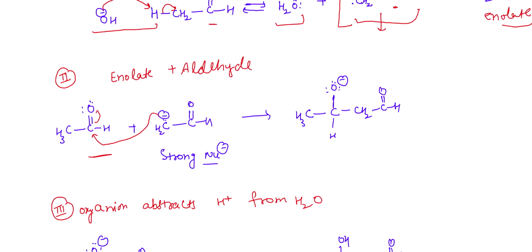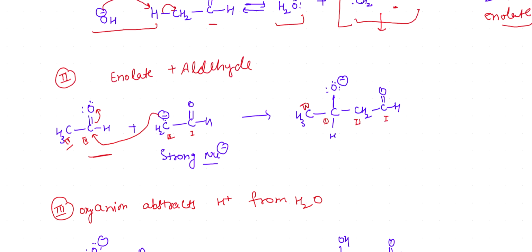And this is your carbon number 1, 2, 3, and 4. To make the concept easier, I have just marked these carbons, carbon number 1, 2, 3, and 4. Clear? Okay. So there is bond formation between carbon number 2 and carbon number 3. You can see here.